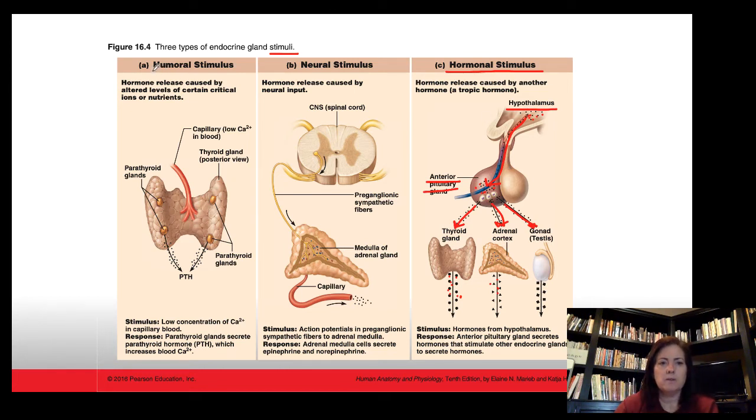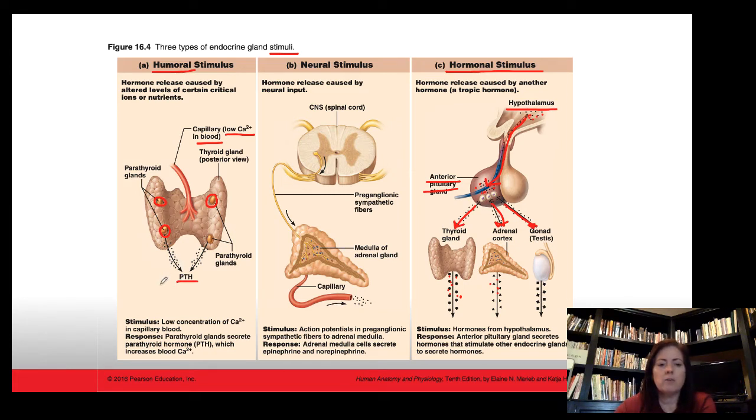Humoral stimulus. So remember, this is being caused by levels of nutrients or ions in the bloodstream. And so an example of this is if we have low calcium levels in our blood, that is going to stimulate the parathyroid glands, which are these little tiny glands on the back of your thyroid gland, to release parathyroid hormone.